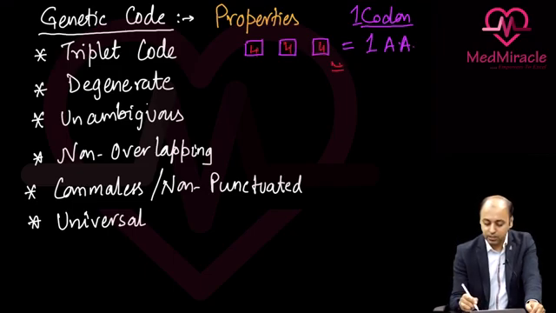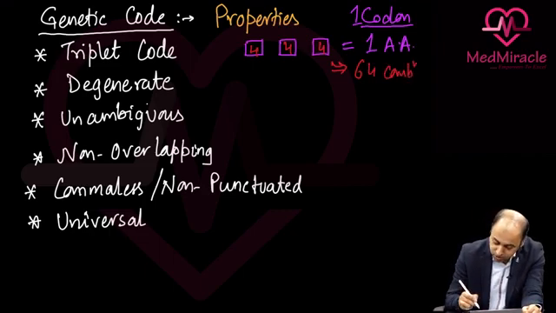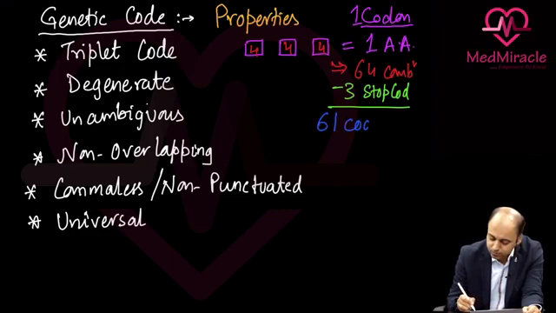So there are 64 combinations, out of which 3 are stop codons. So you're left with 61 codons. These 61 codons code for only 20 amino acids.